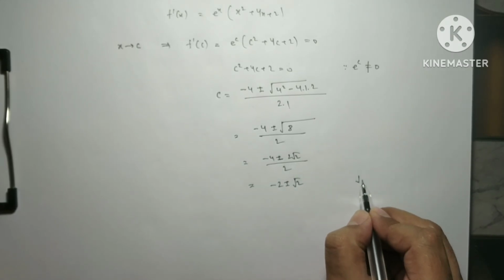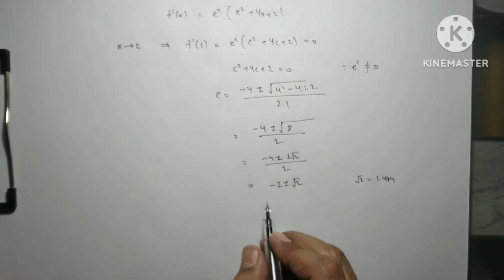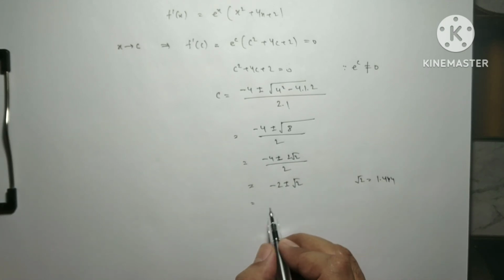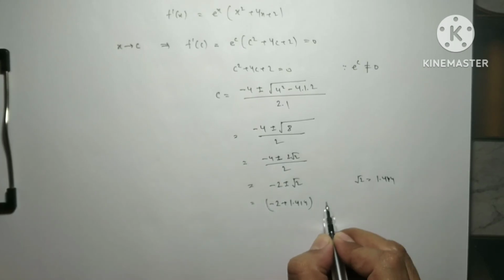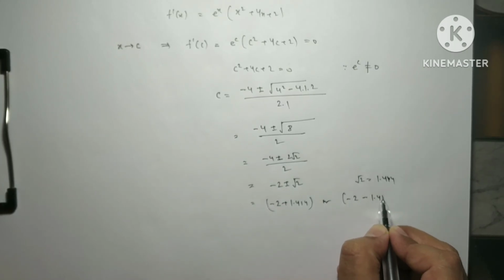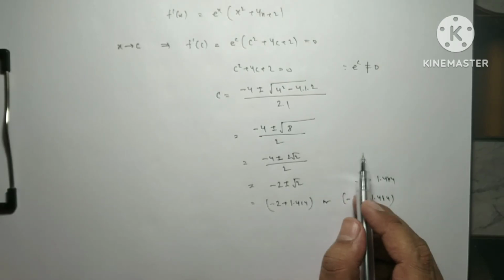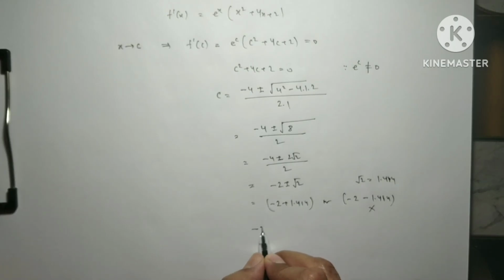The value of root 2 is 1.414. When you take the positive sign, it will be -2 + 1.414, and with the negative sign, -2 - 1.414. This is outside our interval, so this is not possible. So -2 + √2 is the intermediate value.